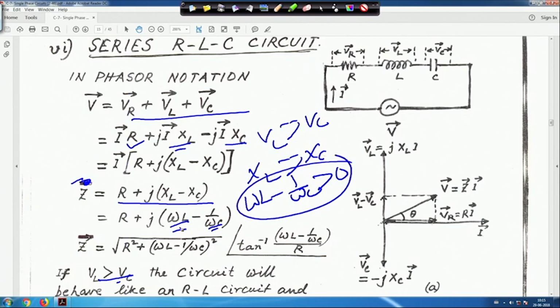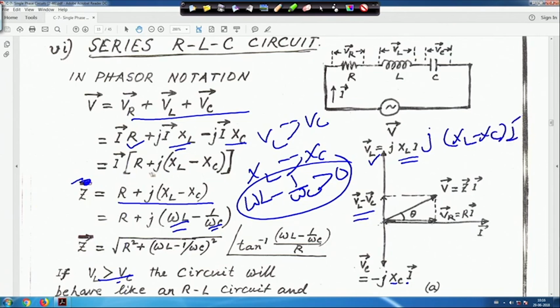Here VR is equal to RI, this side is VL, which is jXL I, and this is minus jXC I; this side is the negative side, that is why minus. When you take the difference VL minus VC, it will actually be (XL minus XC) into I.